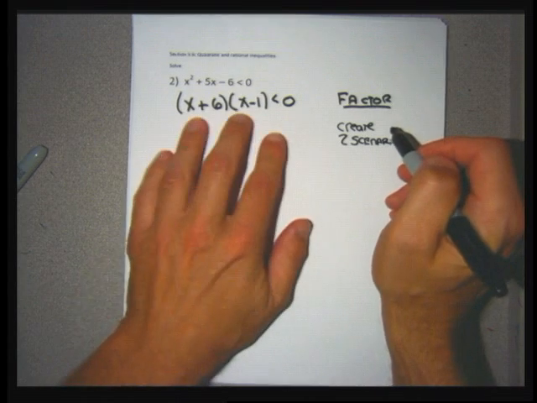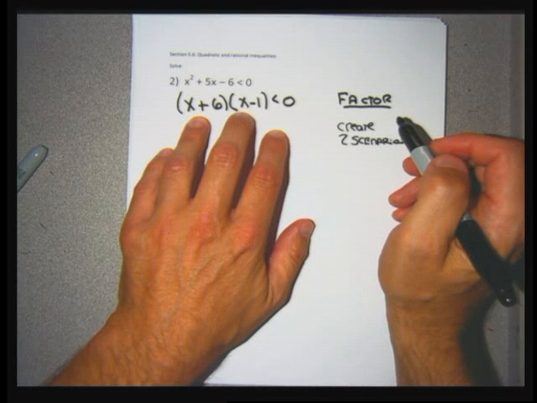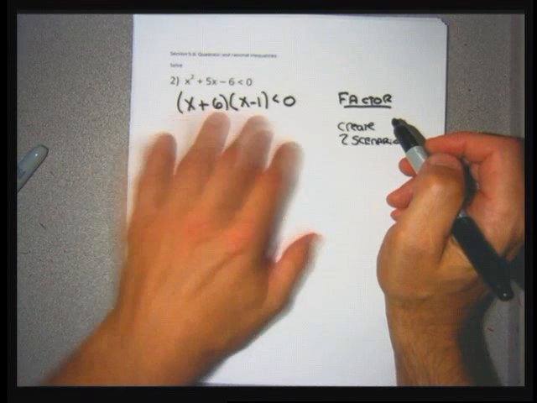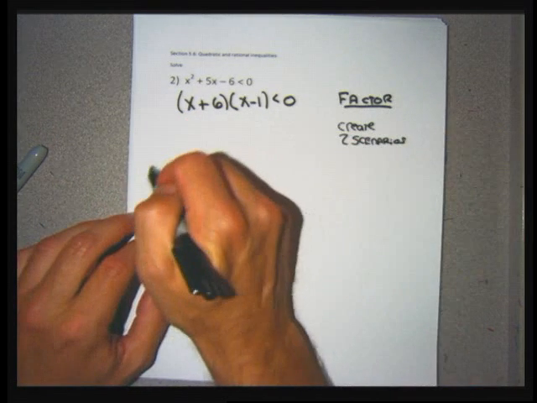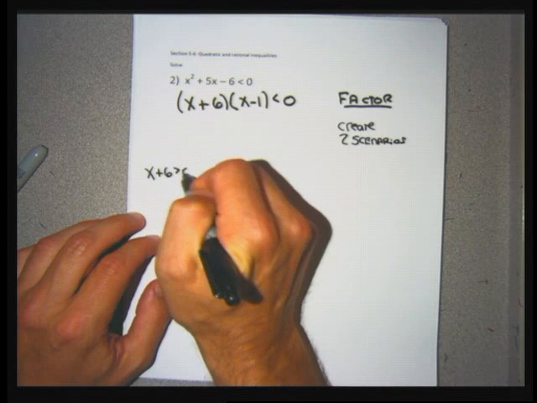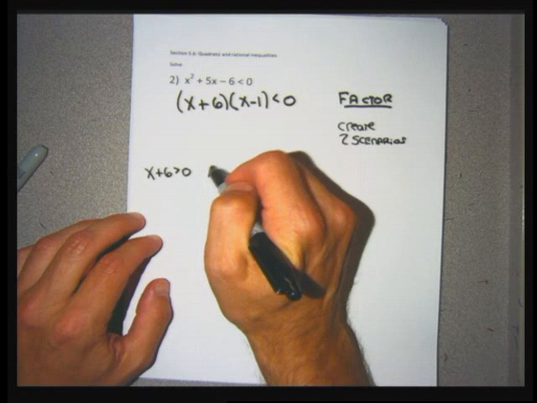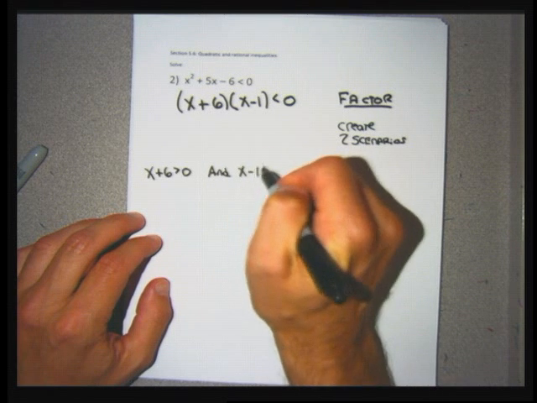Because I want to multiply these two factors and get a negative, they have to have different signs in order to multiply two different factors and get a negative. So my scenarios here would be having one of the factors positive and the other one negative.